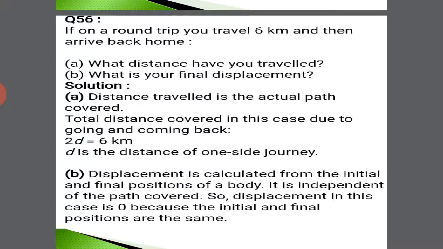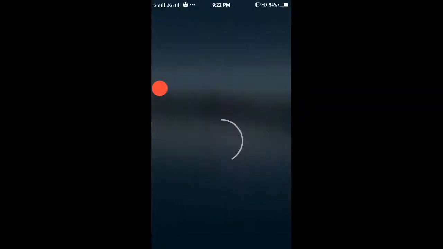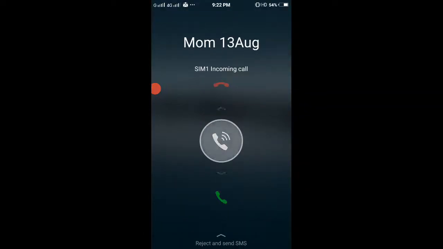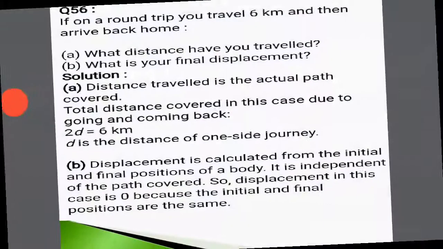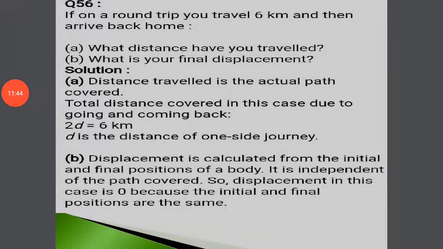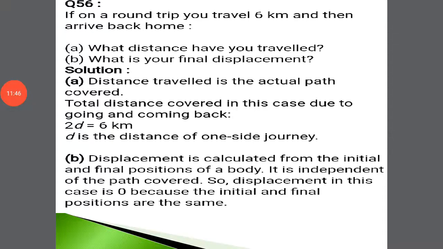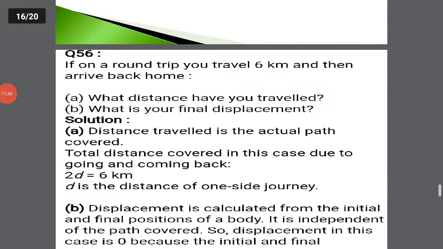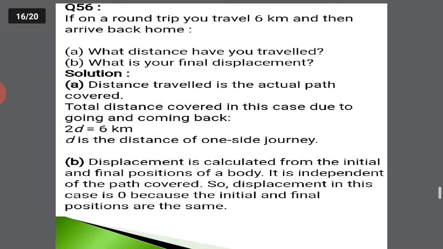Next is, if on a round trip you travel 6 kilometers and then arrive back home, what distance have you traveled, and what is your final displacement?